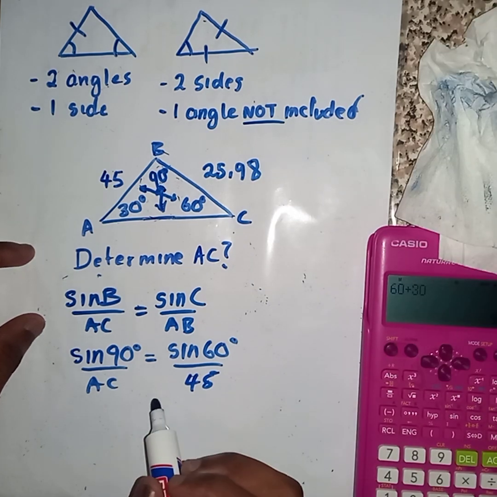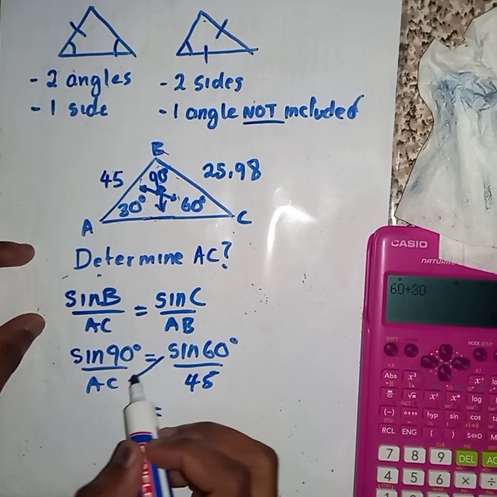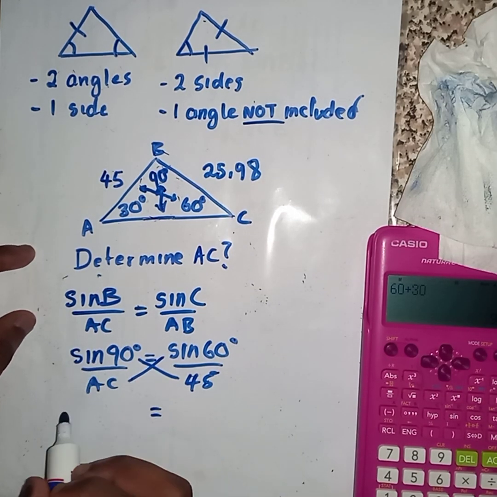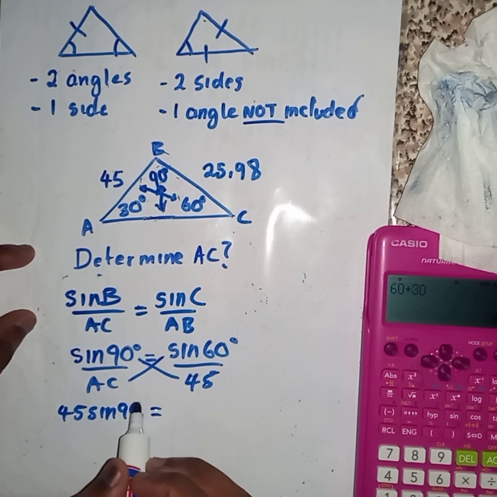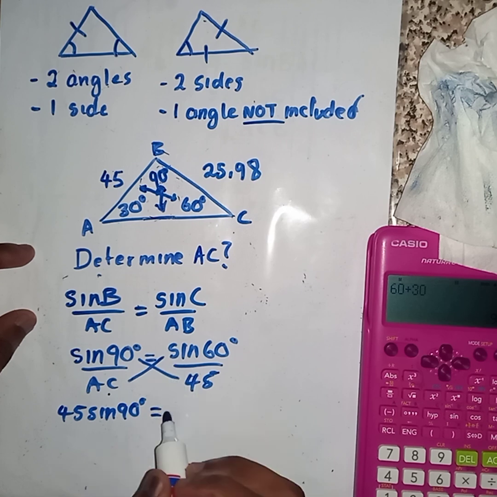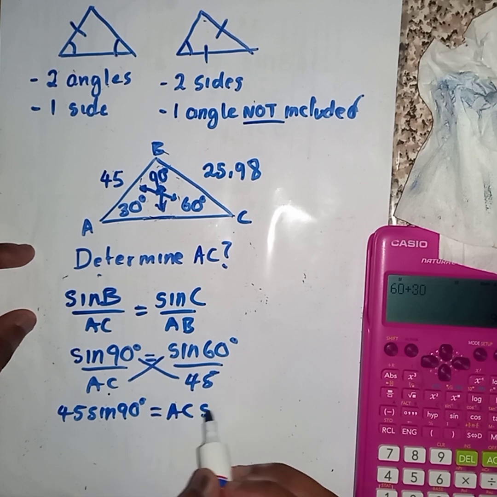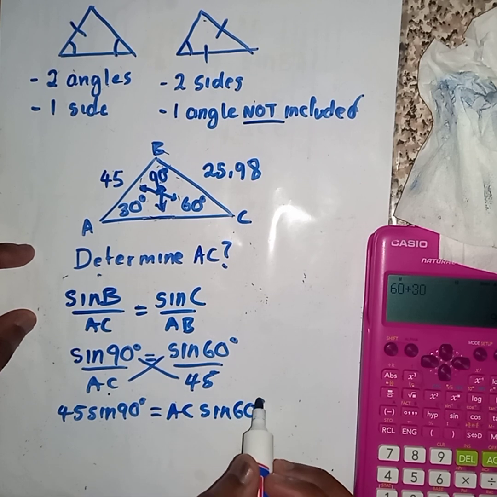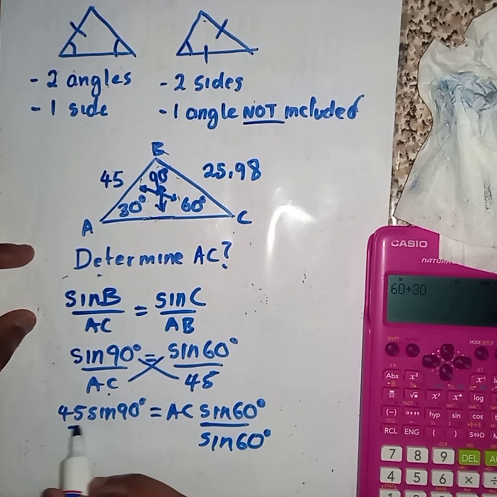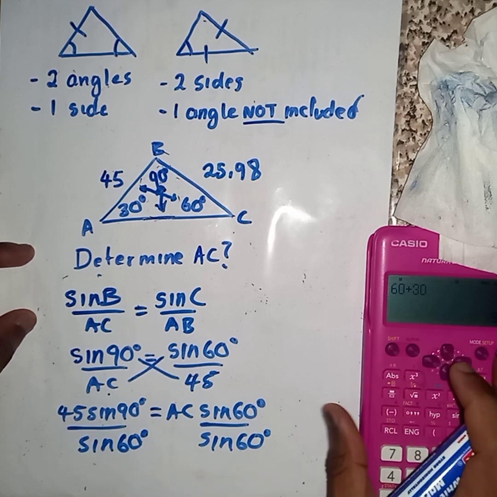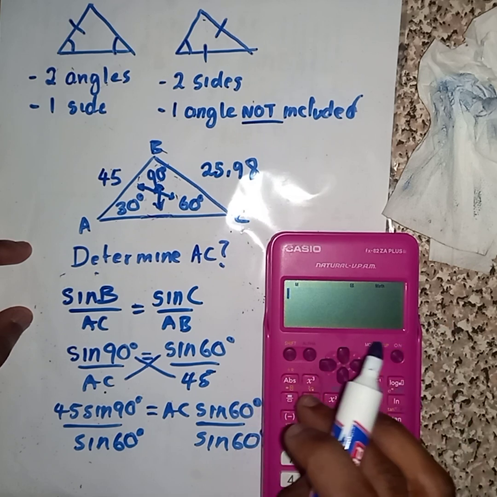Then at this point we cross multiply again, this with this. Then 45 sine of 90 degrees, we cross multiply AC with sine of 60. For us to find AC, we divide everything by sine of 60. Let's see.